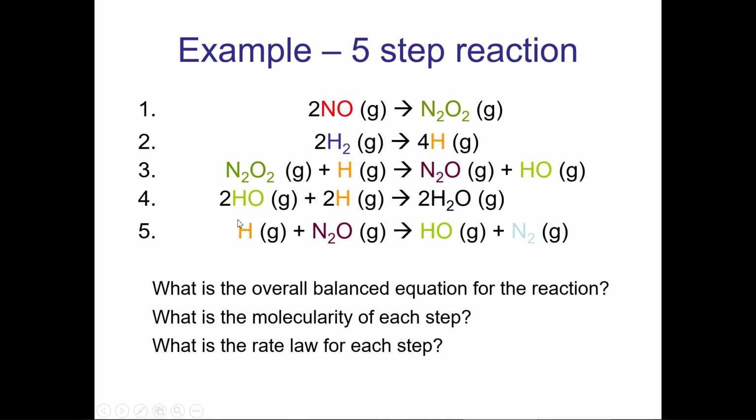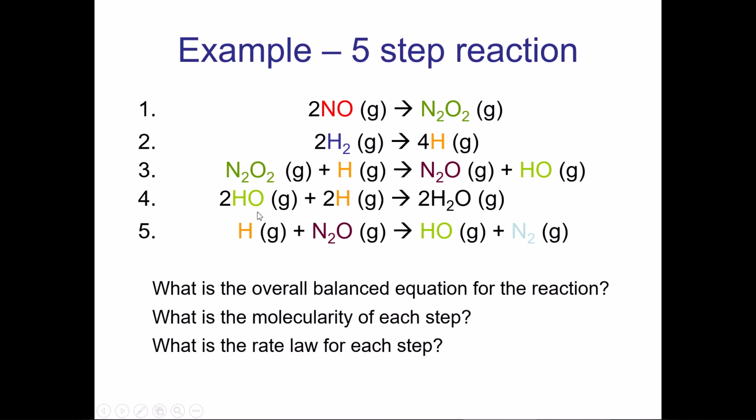Fourth step, we have 2HO plus 2H gives us 2H2O. So you'll notice this is 4 molecules. And we said previously that termolecular was as big as it gets, so 3 molecules. So we know we don't have 4 molecules colliding. This one again is very much like step 2. I don't need 2 HOs and 2 H's to collide.